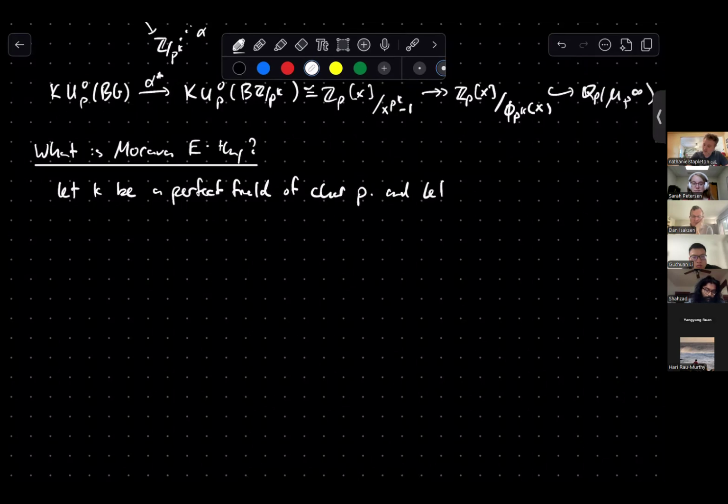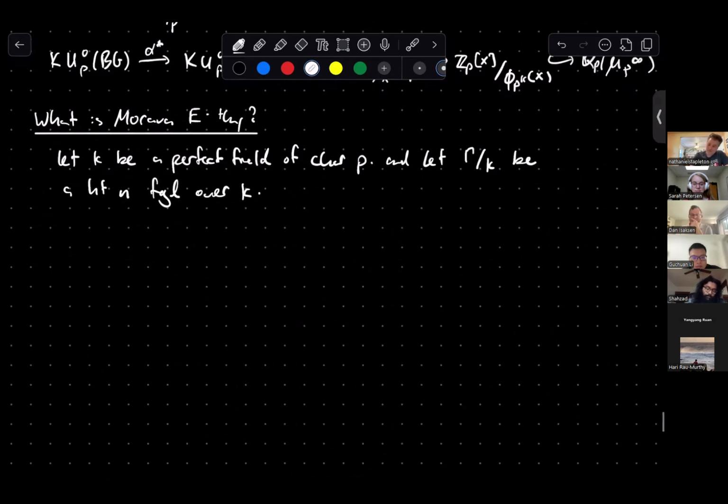And let Gamma over K be a height n formal group law over K. So what the heck is that? That's a power series in two variables that I'm going to denote x plus sub Gamma y. So this is a power series in K double brackets x, y that satisfies some group law axioms.